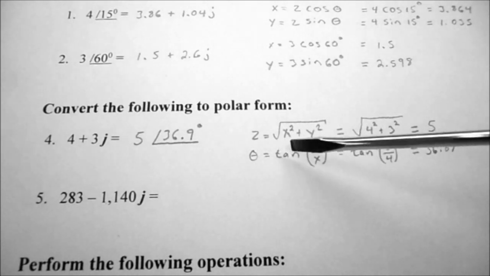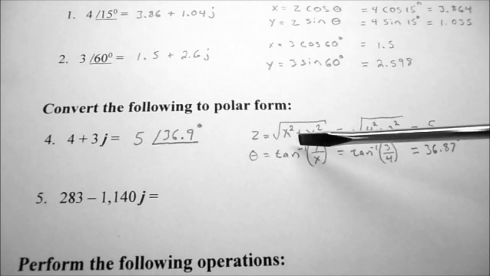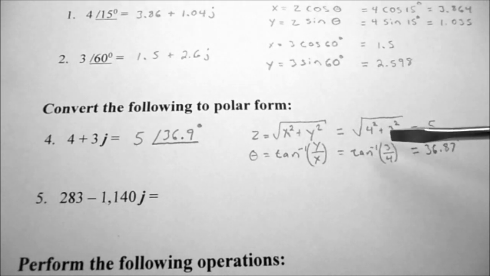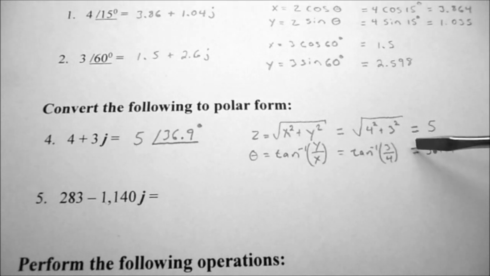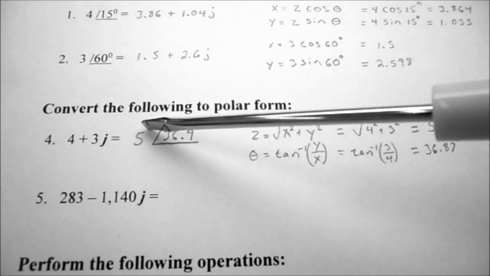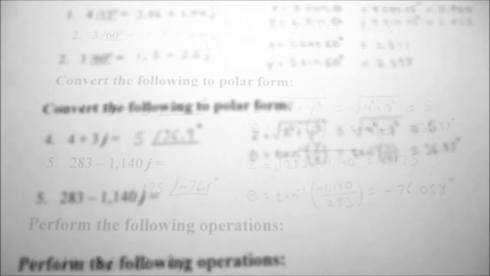Theta is equal to the arctan, and on your calculator it's probably going to be labeled tan to the minus 1, of y divided by x, which is equal to arctan of 3 divided by 4, and that works out to 36.87 degrees. So the answer is 5 at an angle of 36.9 degrees.